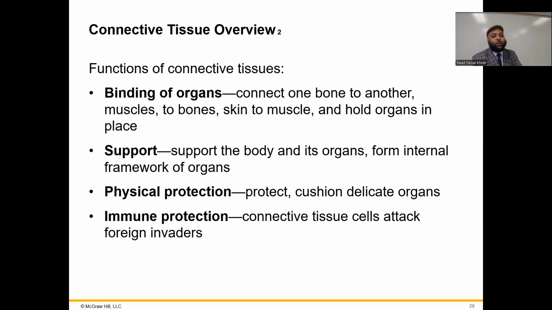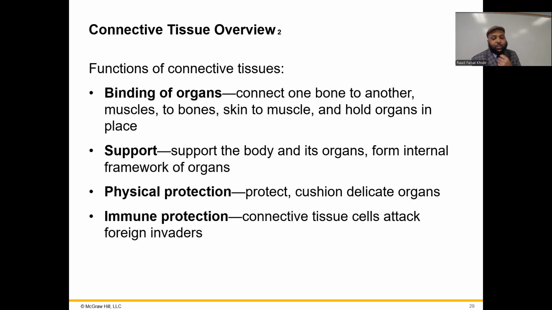So for support, to support the body and its organs, they form the internal framework of the organs. These are your connective tissues, and they provide physical protection.